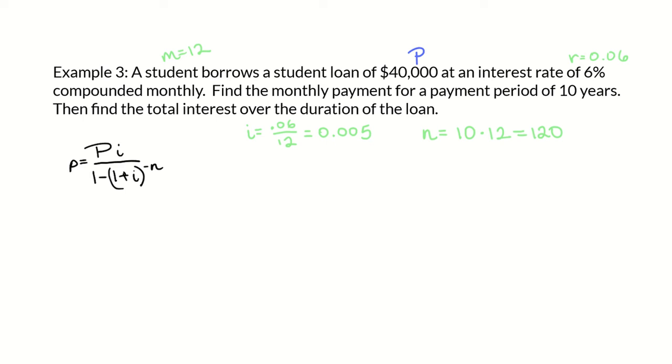So then setting up this equation for the payment. The payment is the loan amount multiplied by I divided by 1 minus 1 plus I, so 1.005, to the negative n power.